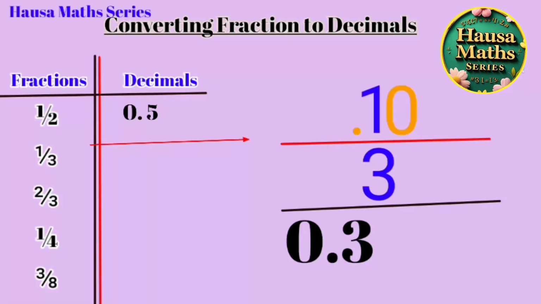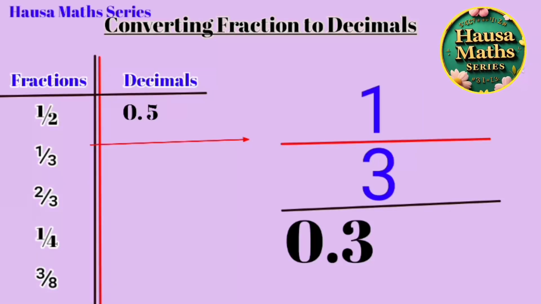It remains only 1. Therefore, when we have this remainder, we are going to add 0. Since we have this decimal point, any number that's left, we are going to attach 0 to it.